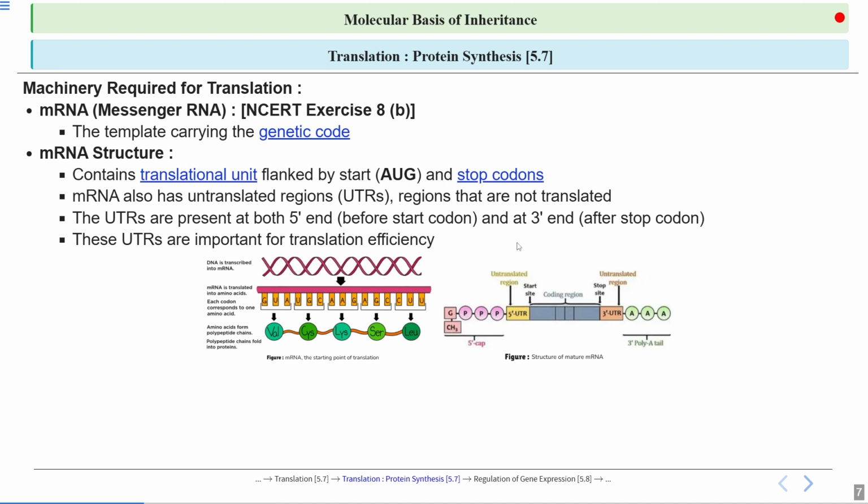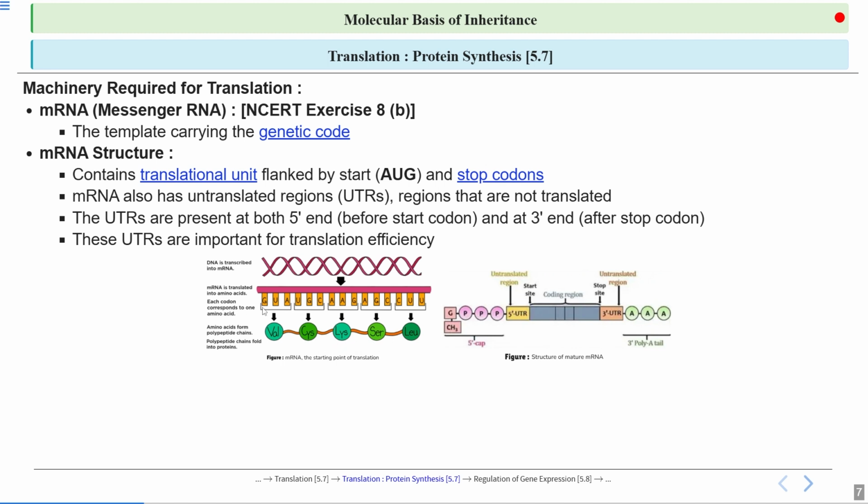So now let's see the whole thing. Here you can understand it more properly. See from here: DNA is transcribed into mRNA. This is something we know. This was a DNA. It got transcribed into an mRNA. Now mRNA has the genetic code. Now this mRNA is translated into amino acids.